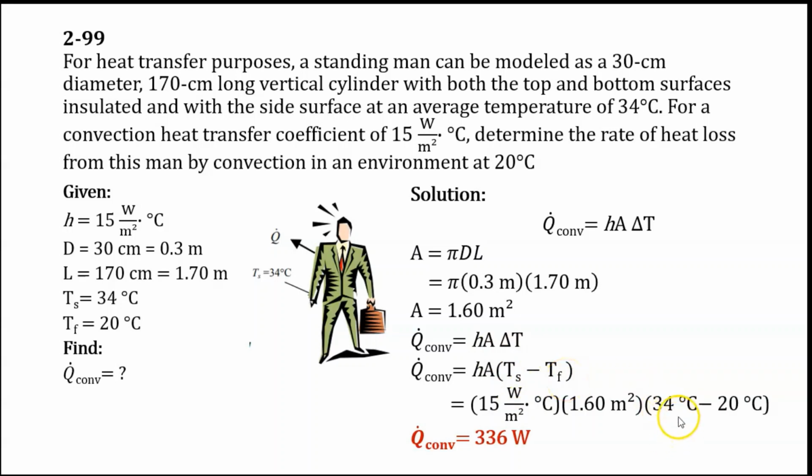So we have 34 degrees Celsius minus 20 degrees Celsius. So plugging this in the calculator, we will now have the rate of heat loss from the man by convection in an environment at 20 degrees Celsius, which is equal to 336 watts.